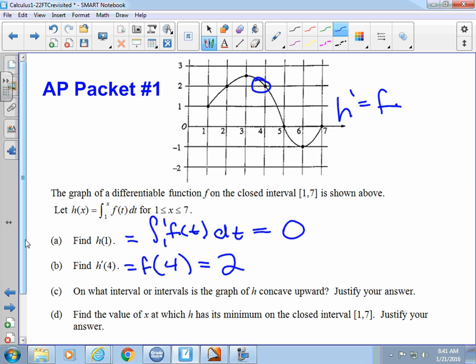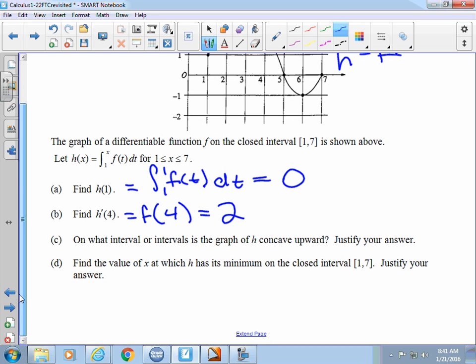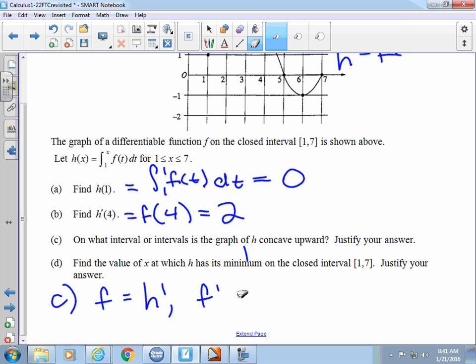So if I want to know when I'm concave upward, for the AP reader, I'm going to tell them what I just thought about. F is h prime. I'm going to tell them I know that. F is, oops, sorry, not F prime. You could say F prime.